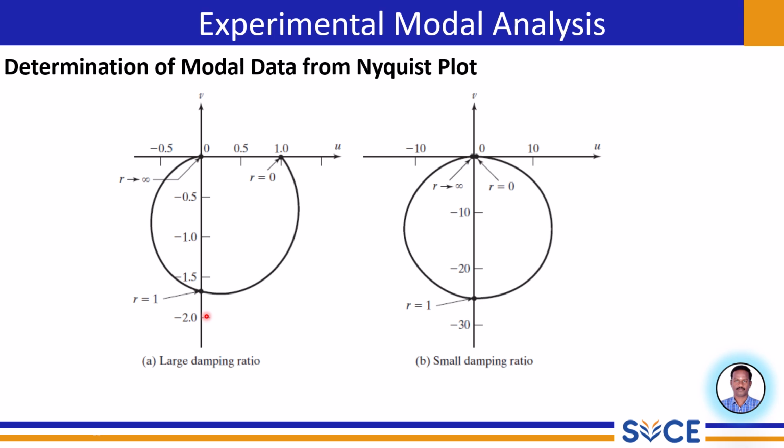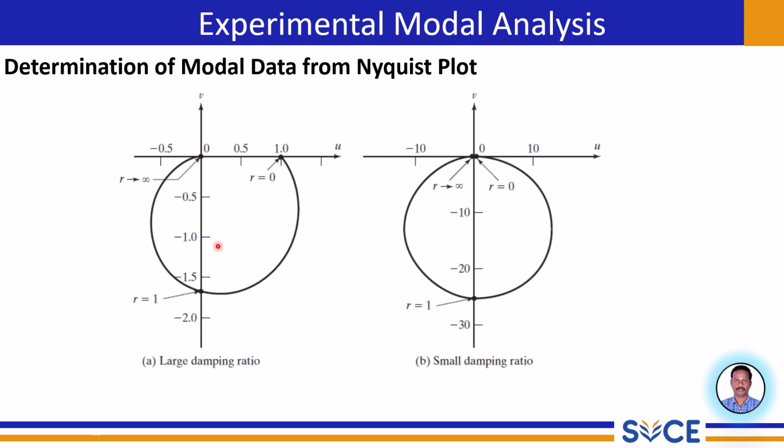The first step is to identify the point where r equals 1. On the Nyquist plot, there will be a point which corresponds to the frequency ratio being approximately 1. This point is usually where the curve is furthest from the origin or makes a sharp turn.